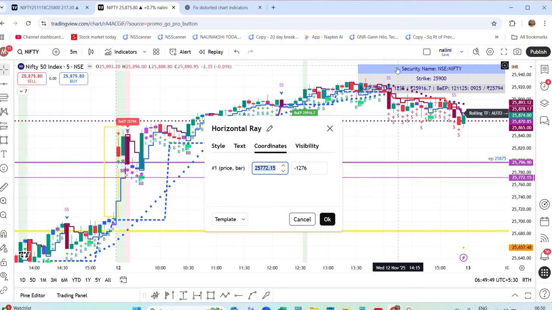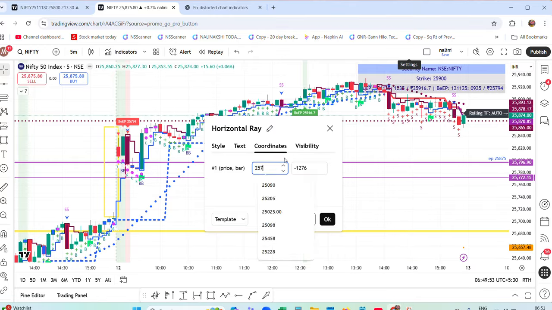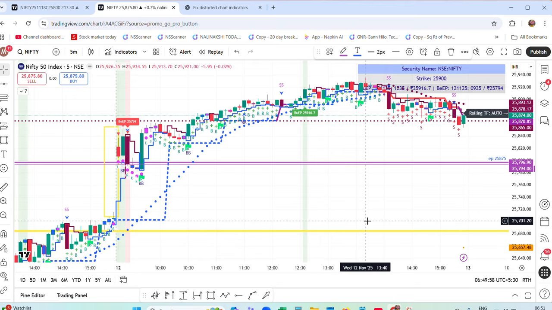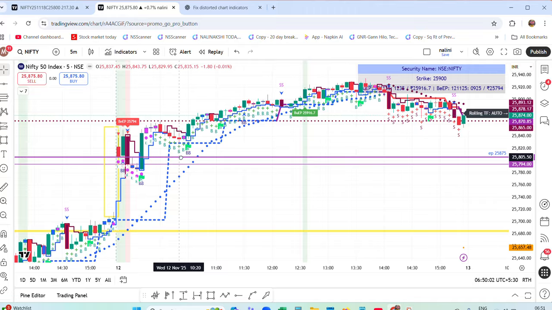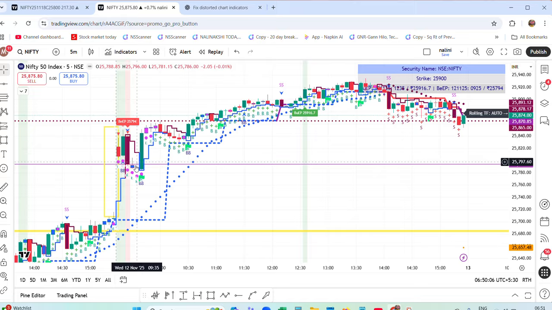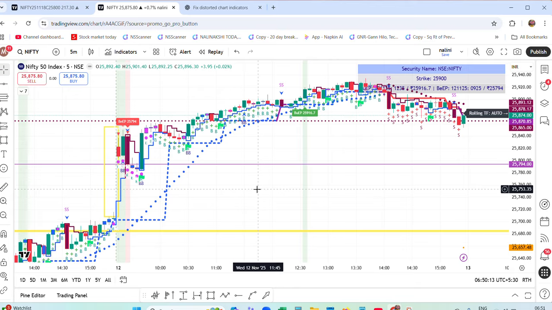Let me adjust the coordinate properly. 25,794, exact. So it comes to this level. The price has gone below this, 781. So you need to wait.